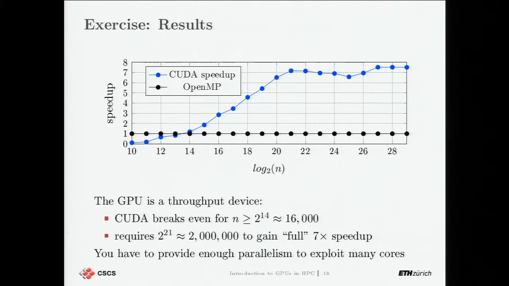However, it wasn't until we got to about 2 to the power of 21 that we see the full 7 times speedup. I would actually hope to see a bit more speedup because we've got more than 7 times as much floating point performance and more than 7 times as much bandwidth on these P100 GPUs than on the CPU I was working on. But I haven't had time to look into why that is. The point is, if you want to get the full speedup, you've got to have quite a lot of parallel work to do.